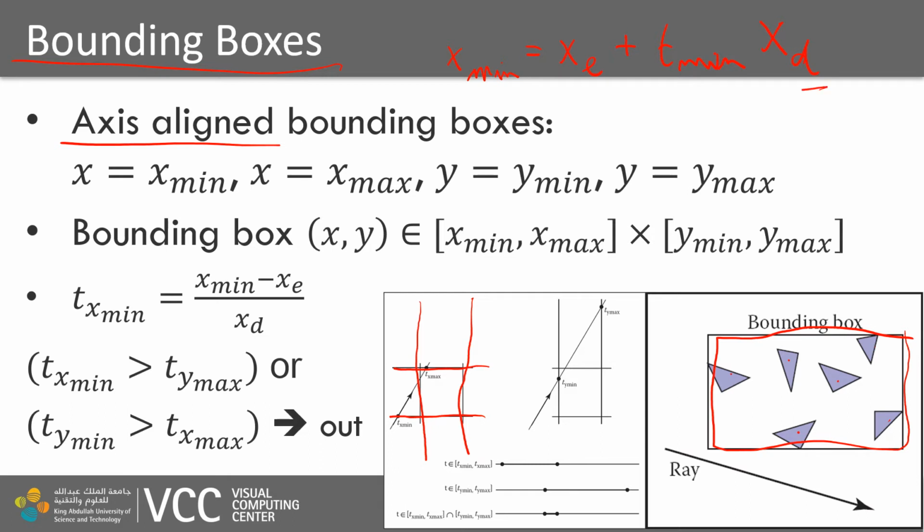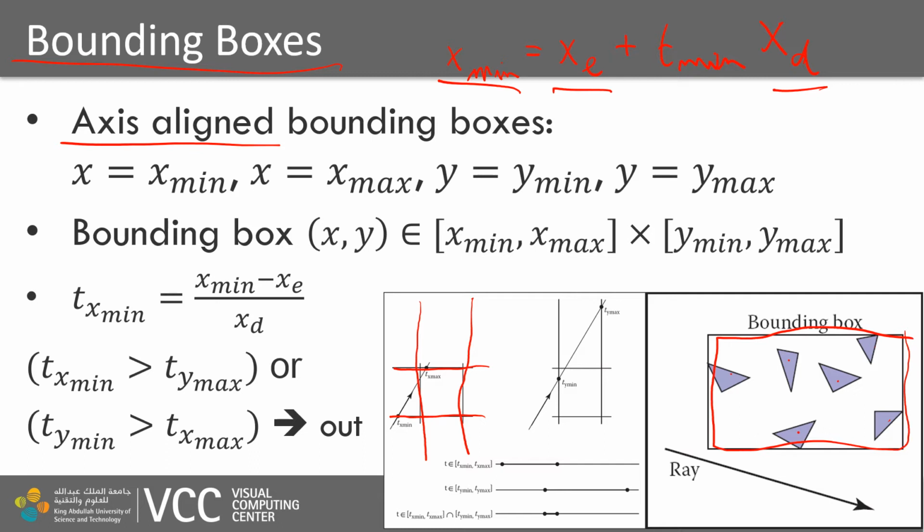So this is the direction of the vector, this is the I point, and we are traversing to find the intersection test. And the x-min will be the intersection with the smaller, so to say, the first horizontal intersection.